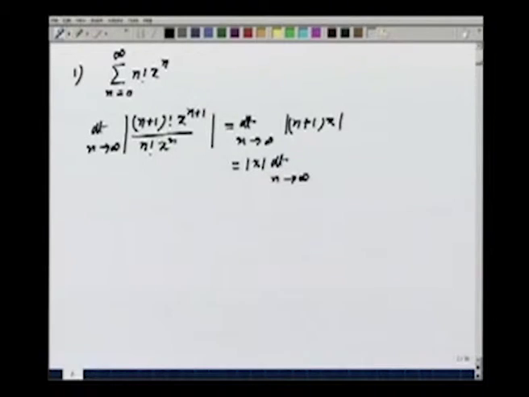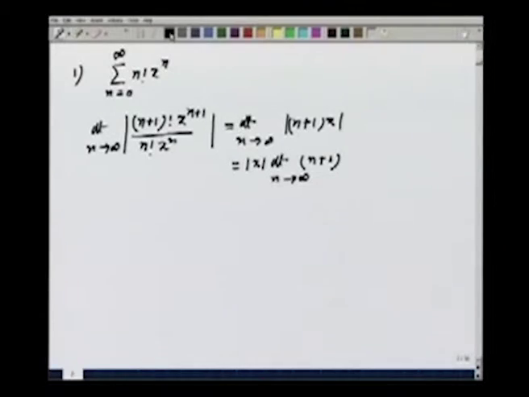Now this limit will certainly be infinite. It does not exist finitely. So that way it looks like I don't get any x for which the series makes sense. Notice that this limit does not exist if mod x is not equal to 0, that is x not equal to 0.